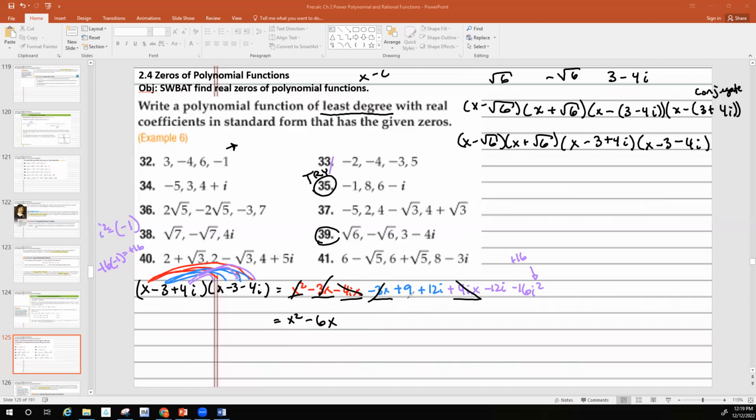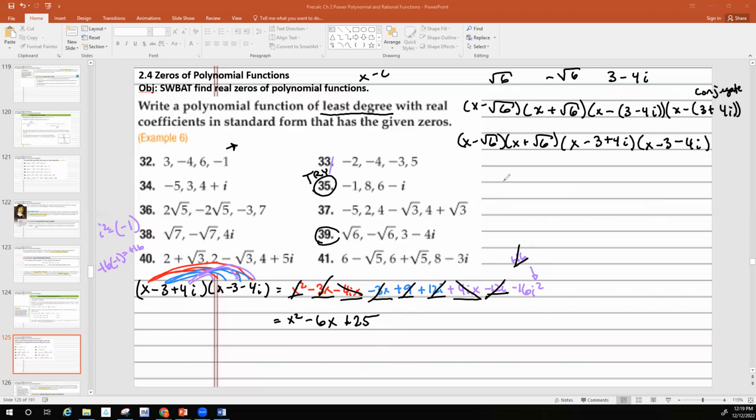And here, our constants, we have 9 plus 16. So that's going to give us 25. And then 12i minus 12i cancels out, which they should. And we get x squared minus 6x plus 25.